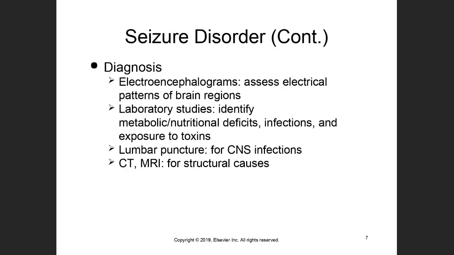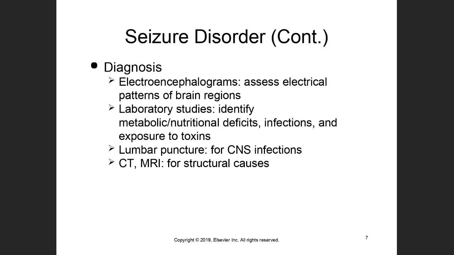Diagnosis: electroencephalogram assesses the electrical pattern of the brain regions. Laboratory studies identify metabolic or nutritional deficits, infections, and exposure to toxins. Lumbar puncture for CNS infections, CT and MRI for structural causes. A seizure could be because of a lot of causes.